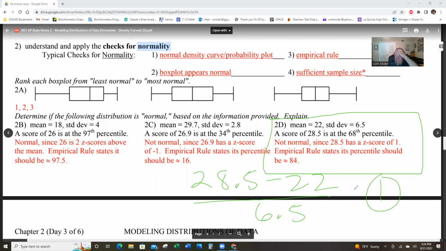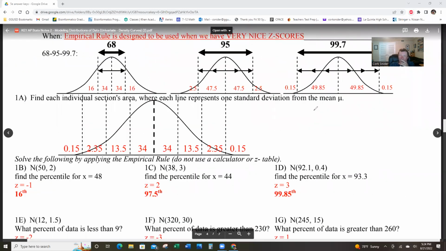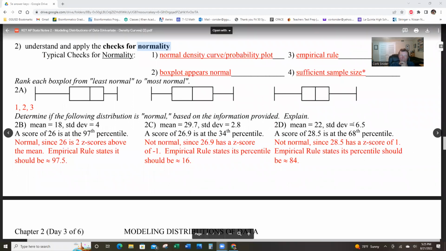This says the 68th percentile, so no, definitely not. This is pretty far off. And again, to show you that a z-score of 1 should be the 84th percentile, let me slide back up real quick, okay? If you see this, a z-score of 1 is right here, okay? So this behind it is 84% if it's normal. And this prompt says it's the 68th percentile. So no, in all likelihood, you do not have normal data. Okay, that is chapter 2, day 2.